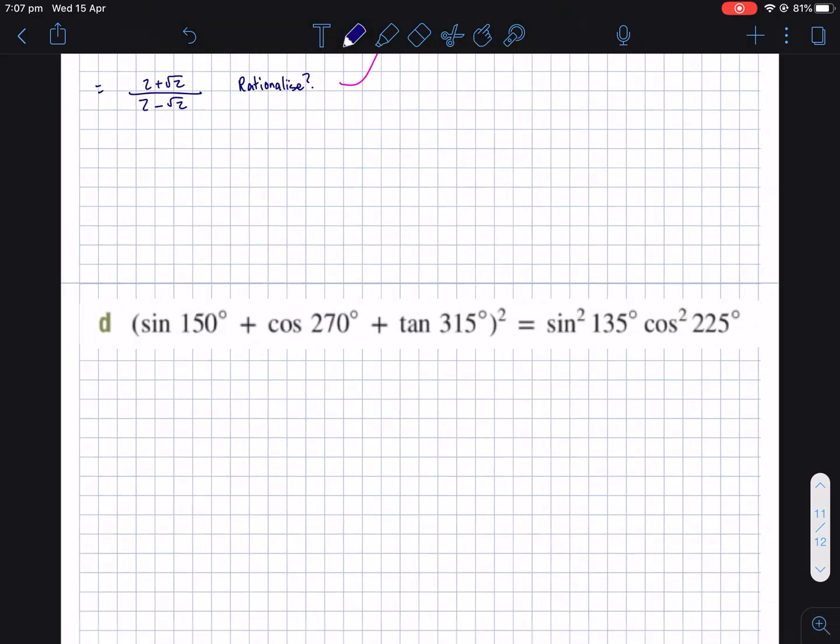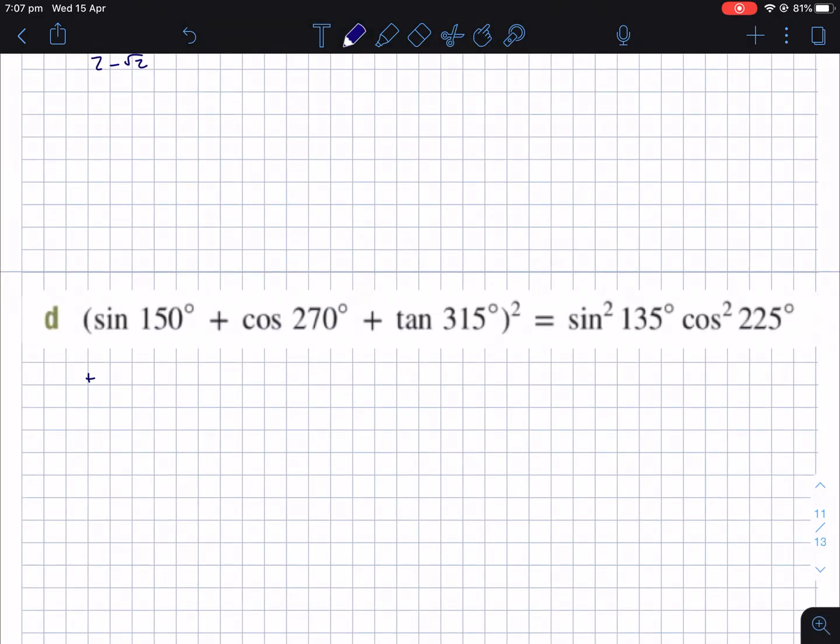Okay, sine 150 is the same as positive sine 30. Cos 270. Ooh, now don't forget this is going straight down. I think it came out as -1. Let's do it on a calculator. Cos 270, 0. Came out as 0. Plus tan 315. Now SATC, that's going to be negative tan 45.